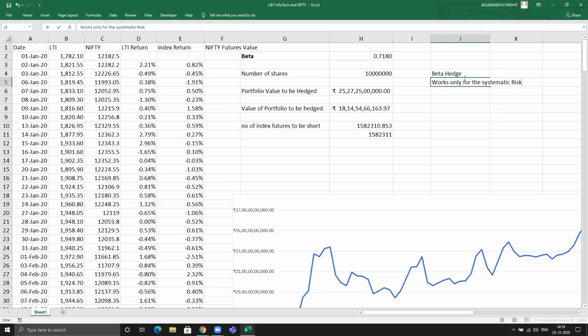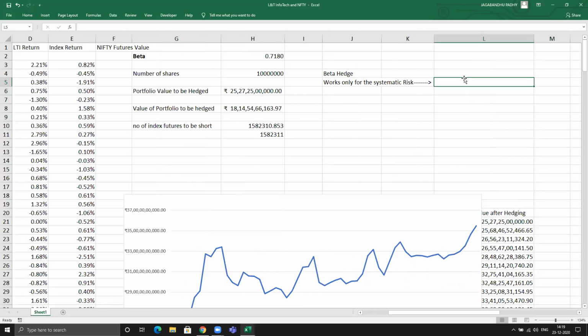What do you mean by systematic risk? It is the risk from the system, the financial system. Beta hedging works only for systematic risk. That is, if there is some movement in the overall market, only that portion will be covered.